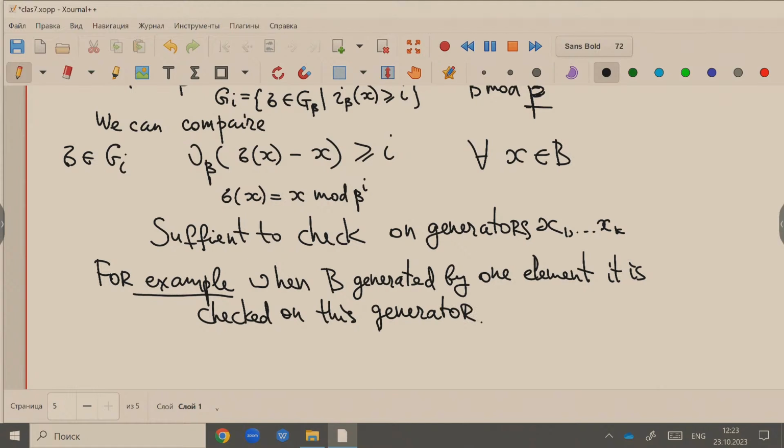So the next, this gives you the corresponding properties.